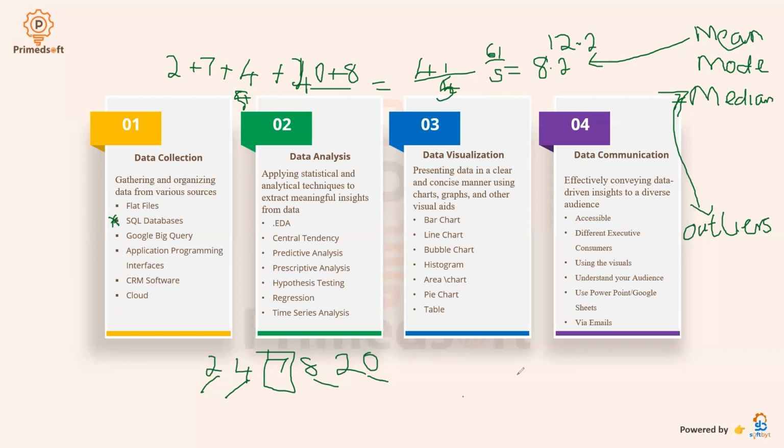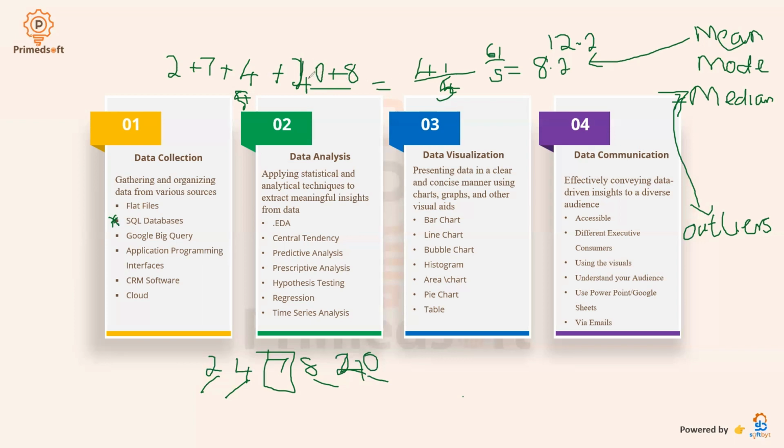But if I change this to 40, did you see how the median does not change? It still remains 7. An outlier is a number that is not like the others, a big number far away from the other ones.